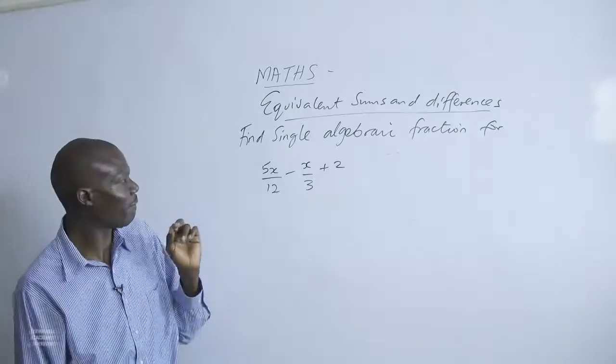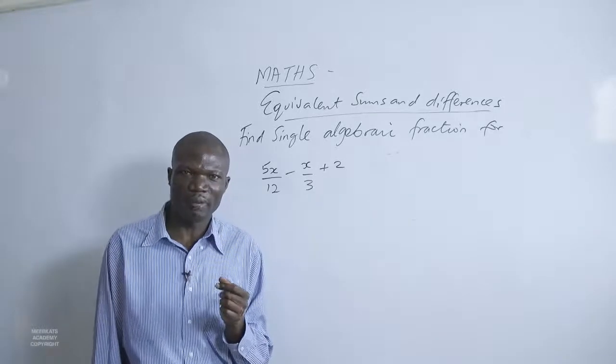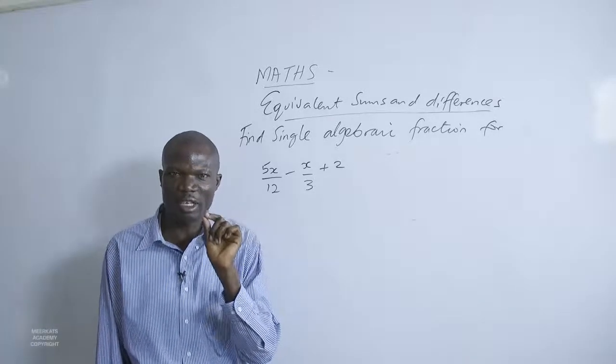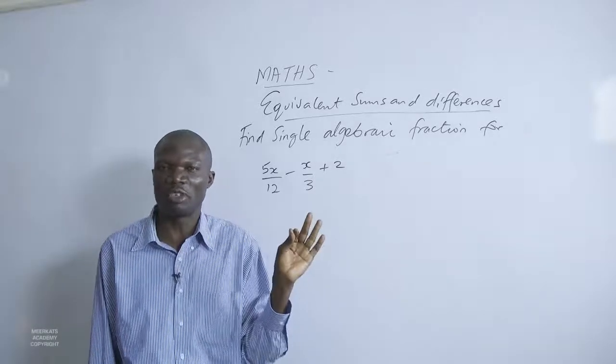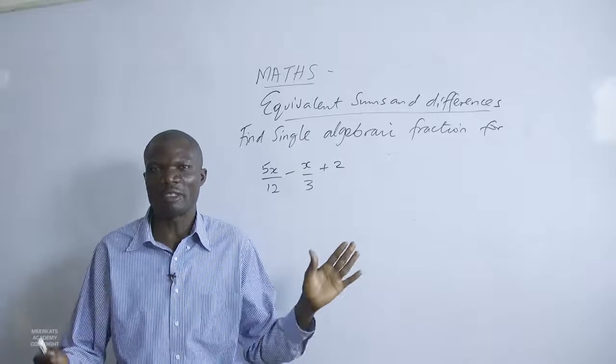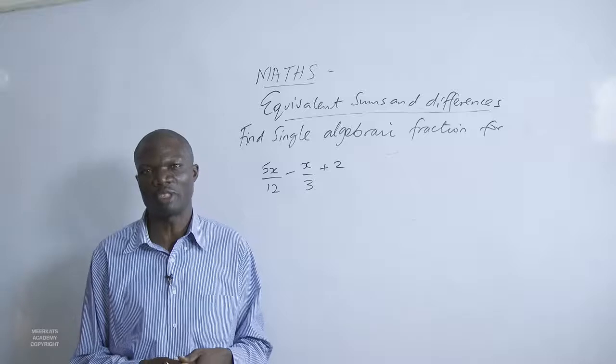This is very, very interesting. We have brought in a whole number, which requires us to remember what happens when we have fractions and whole numbers being added or subtracted together.